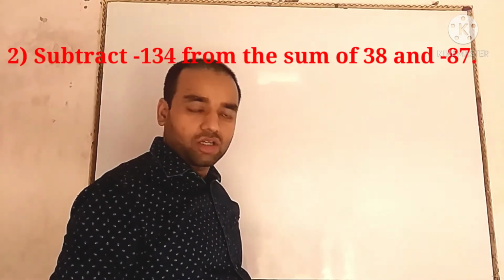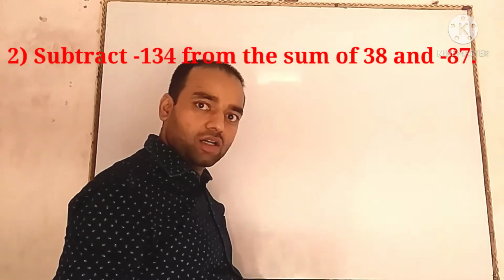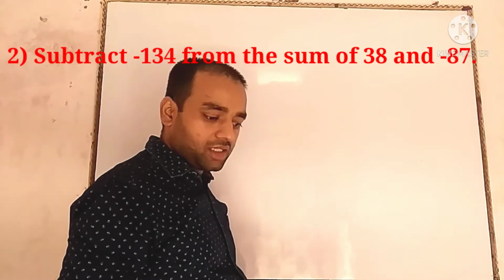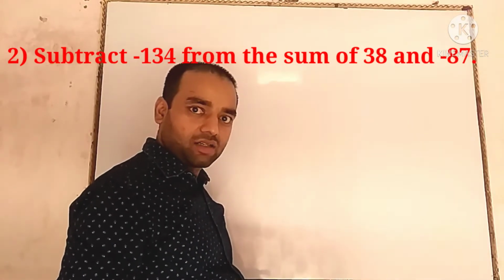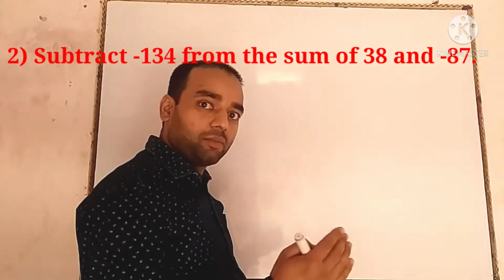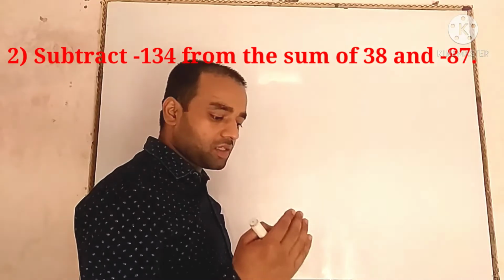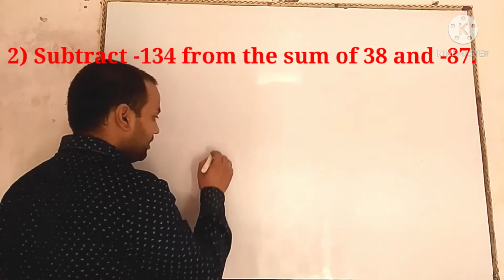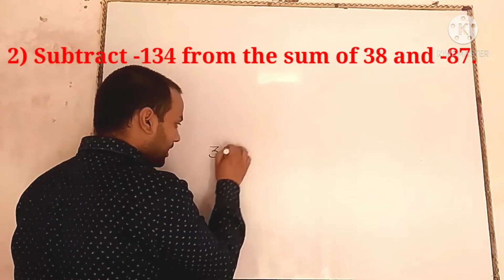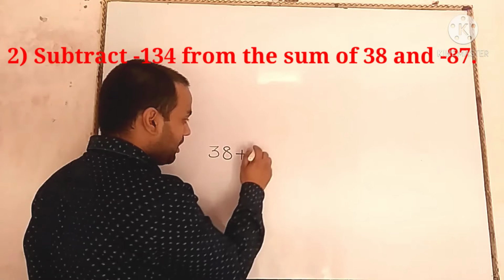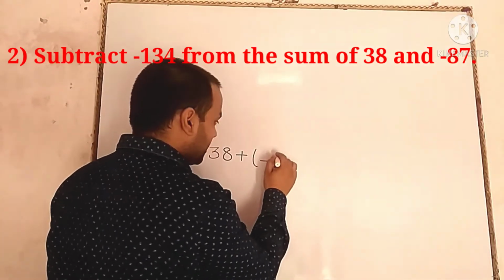In the next question, subtract minus 134 from the sum of 38 and minus 87. As just discussed, we write what comes after "from" first. Here after "from" comes the sum of 38 and minus 87. We write 38 plus, in the case of sum we use the plus sign, minus 87.